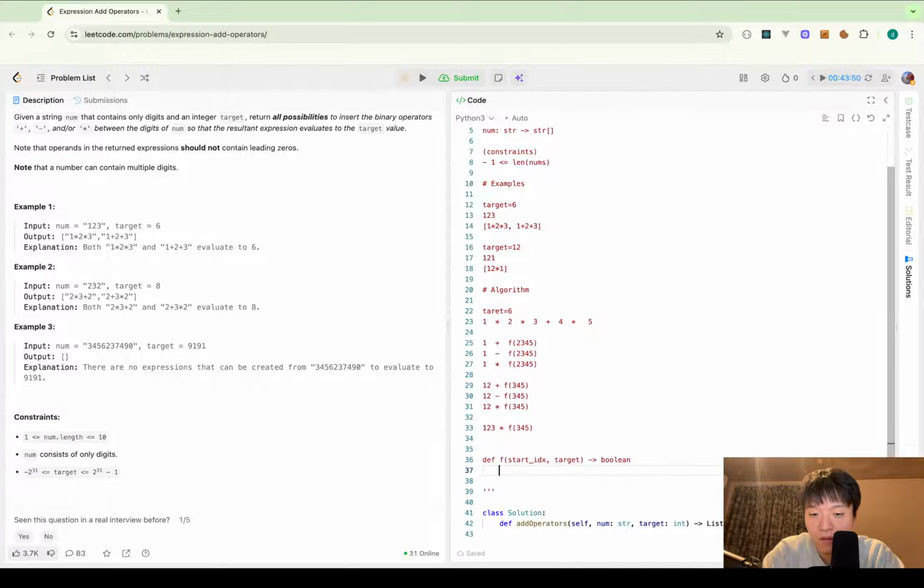And at the start index, I take this number and take plus, minus, or multiplication.